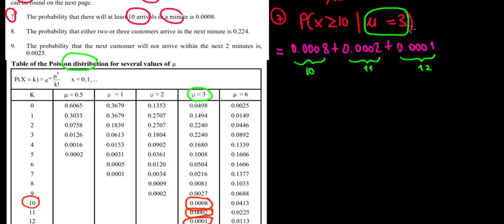I hope the intuition makes sense, because the average is actually quite low. On average, we expect 3 people, so how can we have 10? It's very unlikely. That's why the probability is so low. And how can we have 11, which is even more than 10? That probability is even lower, even more unlikely. The same logic goes for 12. It's even more unlikely to have 12 customers, given that on average we only expect 3. That's the intuition with this distribution.